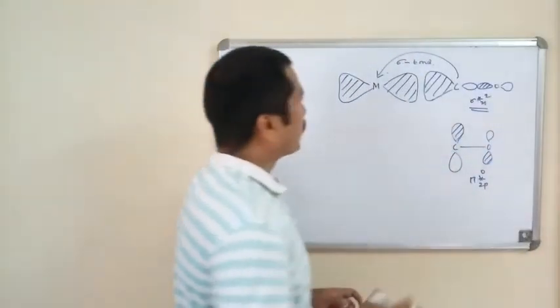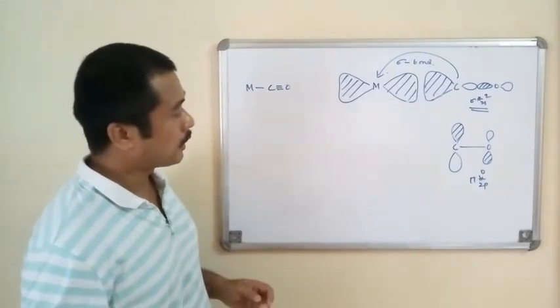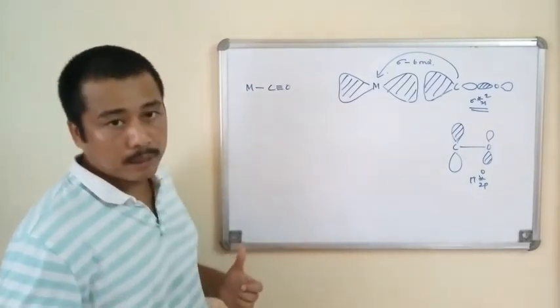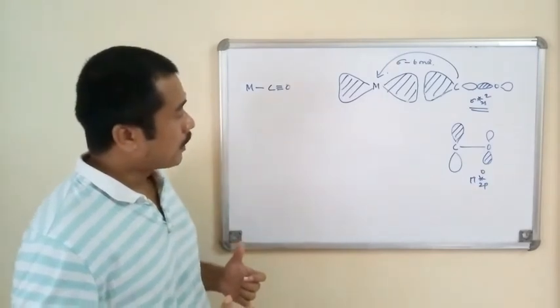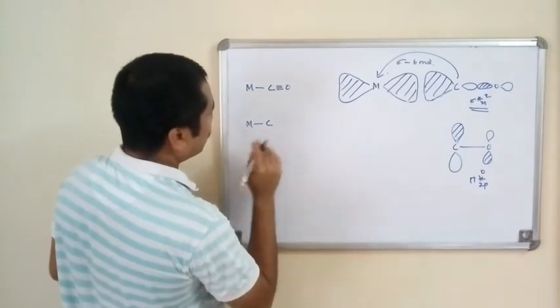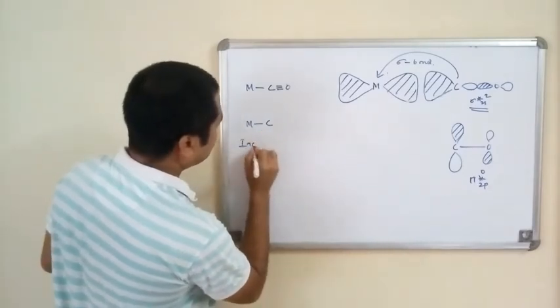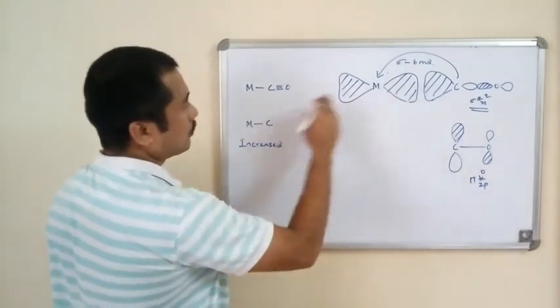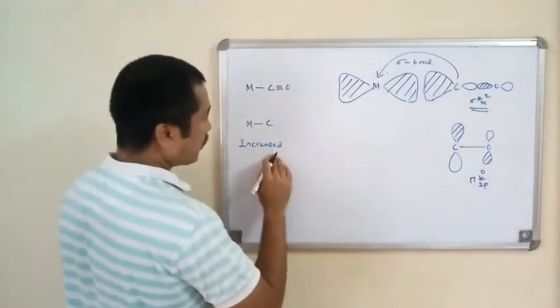So after this sigma bond has formed by transfer of electron density from carbon monoxide to the empty metal d orbital, the MC bond order has increased, because there is now formation of a metal carbon sigma bond.